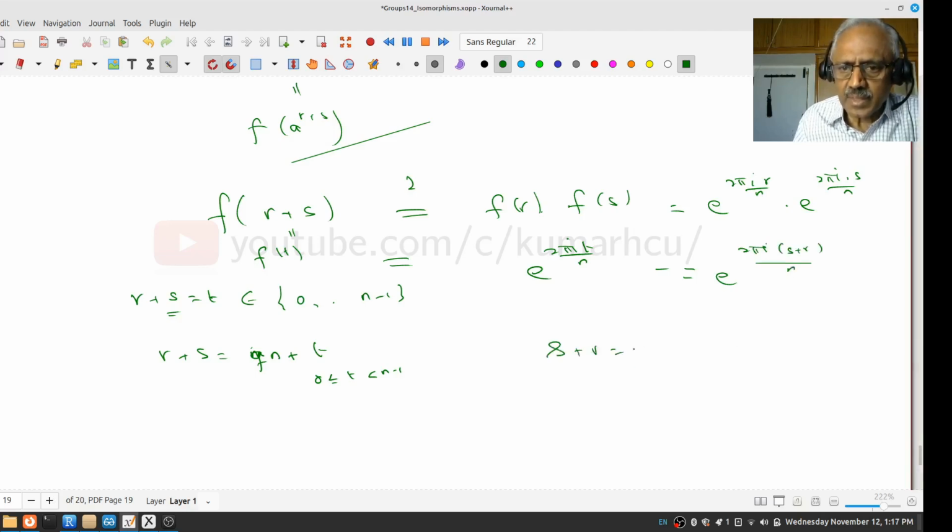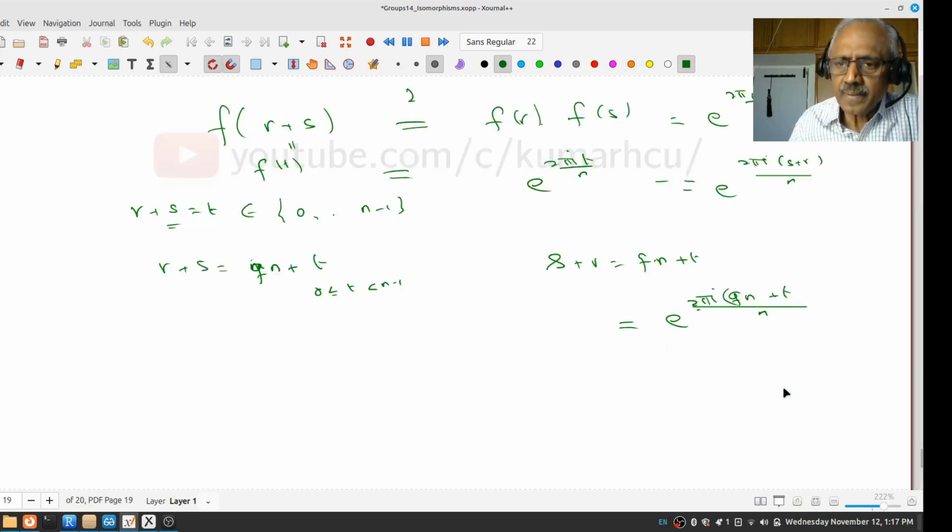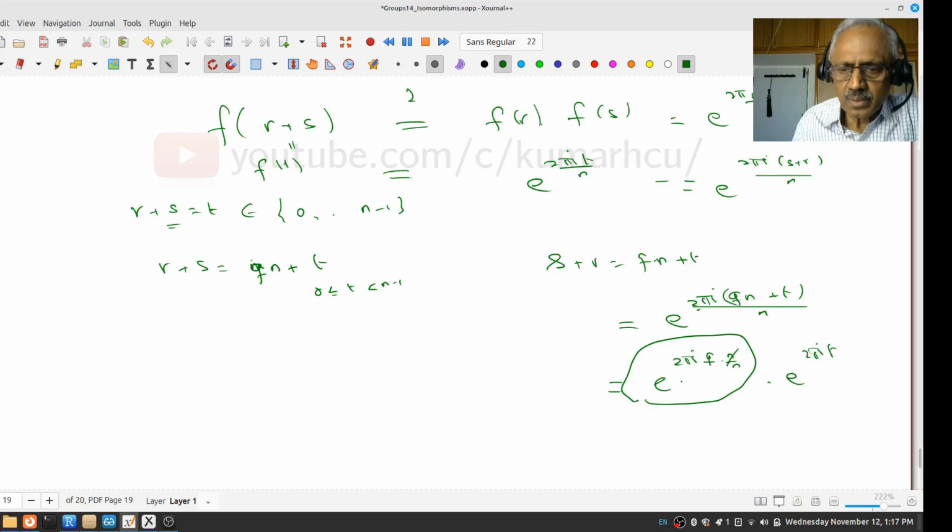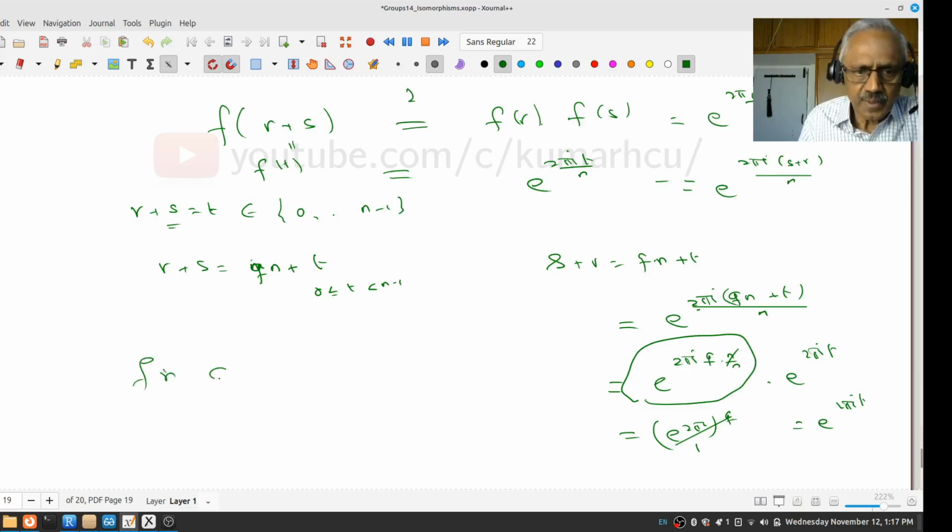If I write s plus r as q times n plus t, then this is e^(2πi(qn+t)/n). That is e^(2πiqn/n), which is 1, into e^(2πit/n). Since e^(2πi) to the power q is 1, it is e^(2πit/n). Therefore f is an isomorphism.